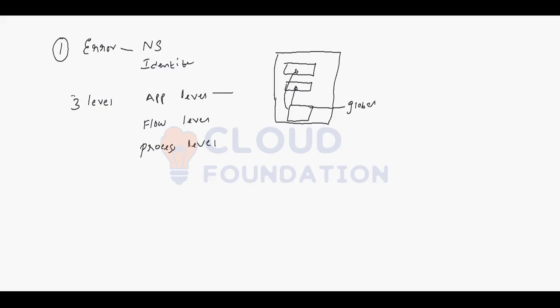Flow level means each flow has a separate error handler section. If you define error handling logic in the flow's specific space, that is called a flow level error handler. Processor level means we wrap the processor inside a try block. The try block has a dedicated error handler section.